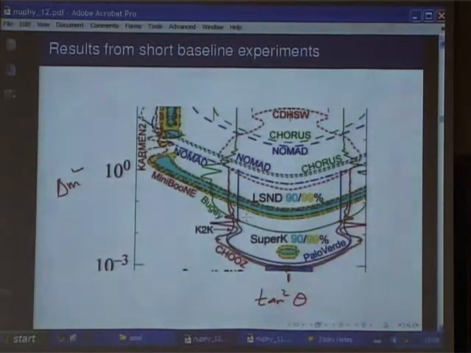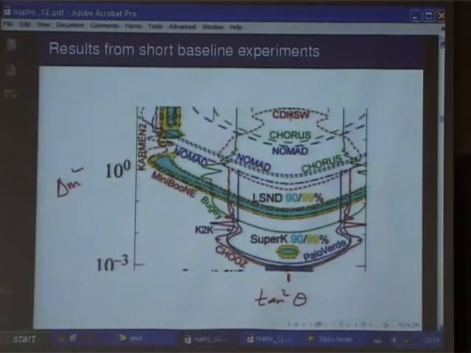You will also see another experiment called Bugey, this green line. Again, oscillating part here and becomes a straight line as you go on. Then there is this experiment called NOMAD, where you will see a line that goes like this and settles. There is also this CHORUS, whose peak is somewhere here, and if I really go high, it will again become straight.